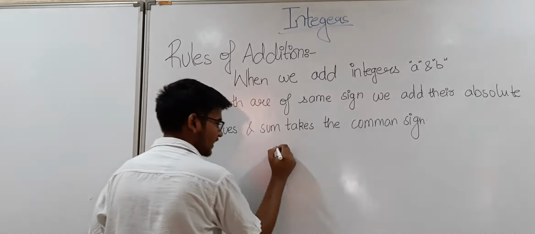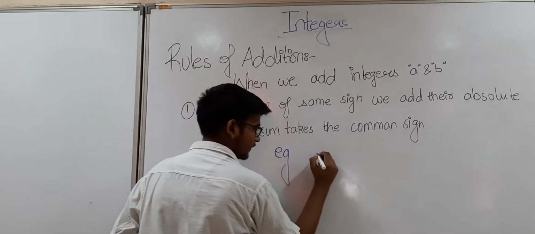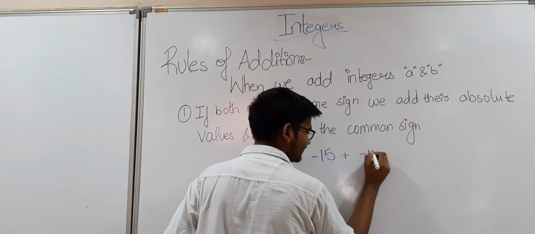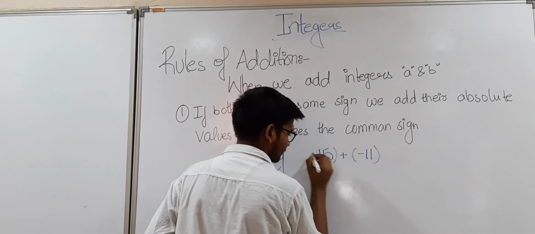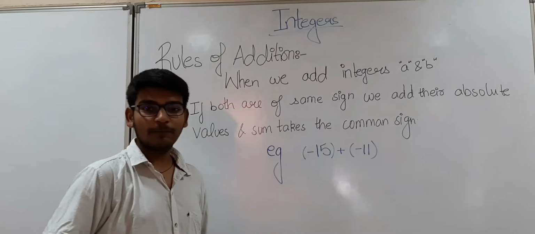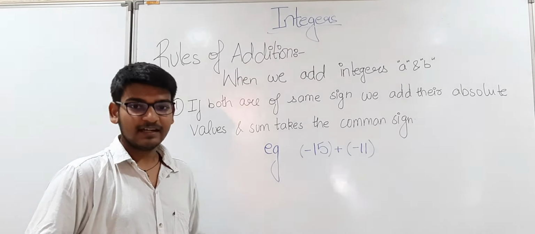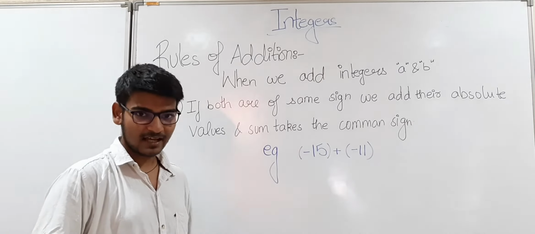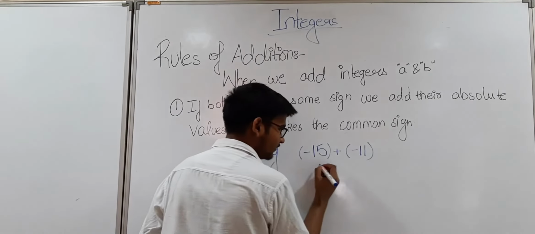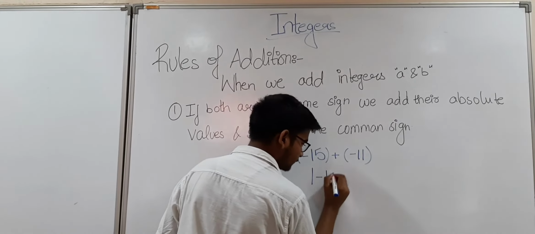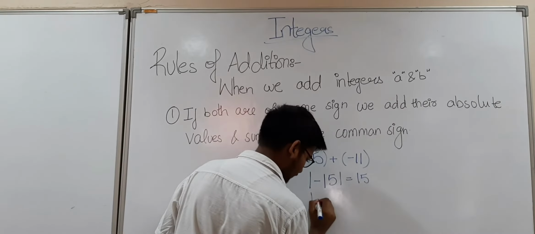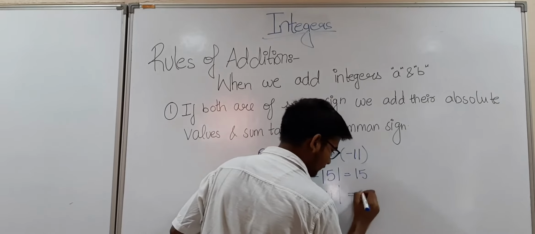Let us take the example. Minus 15 plus minus 11. Since both are negative integers, that is, both have the common sign, the minus sign, we will add their absolute values, that will be 15 and that will be 11.